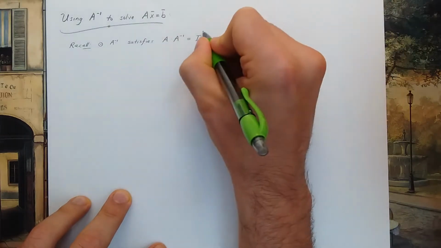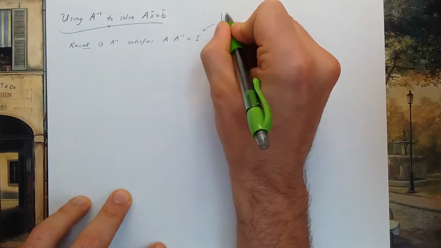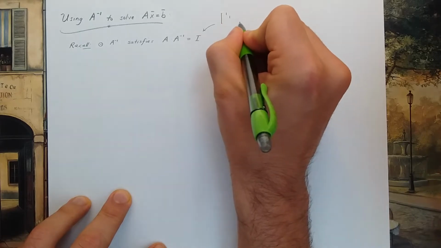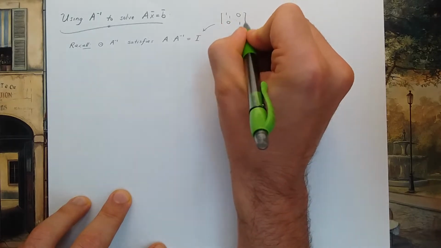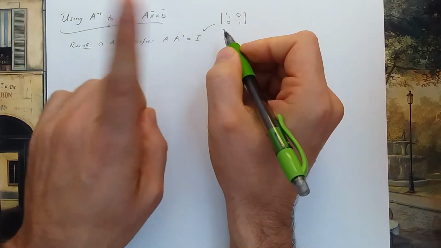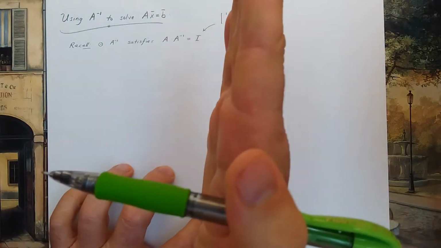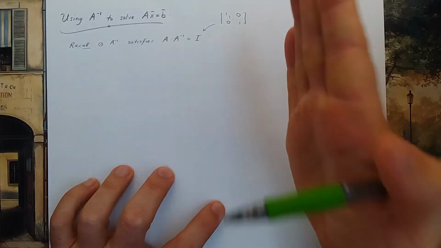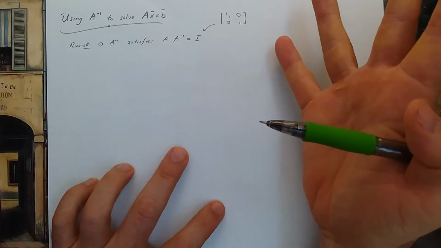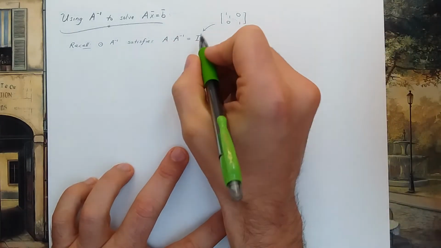The identity matrix is the matrix that has ones along the main diagonal and zeros elsewhere. This is like the number 1 because if you multiply any matrix times the identity, you just get back what you started with, the matrix A.